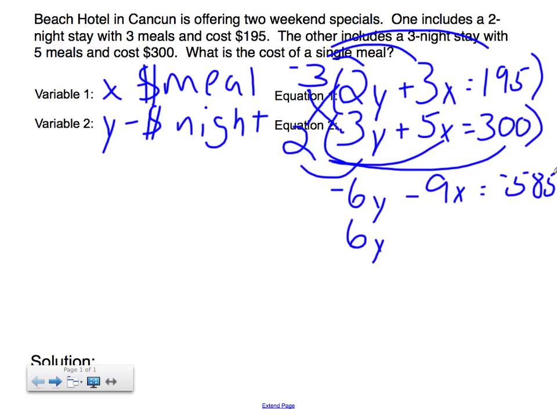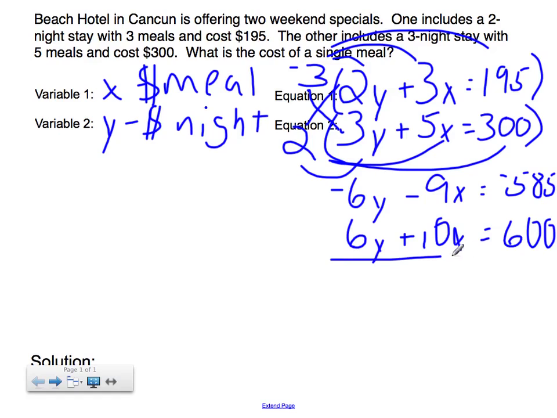Now I'm going to jump down to the bottom. 2 times 5x is a positive 10x. Equals 2 times 300, which is 600.